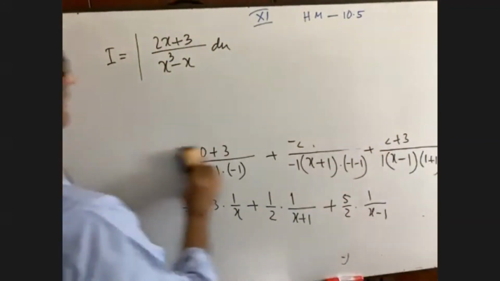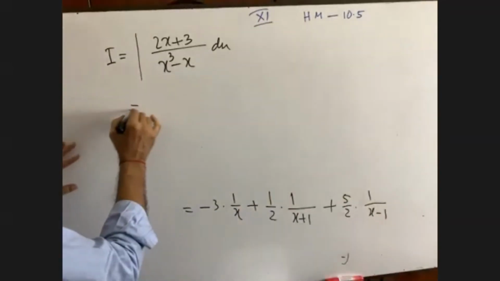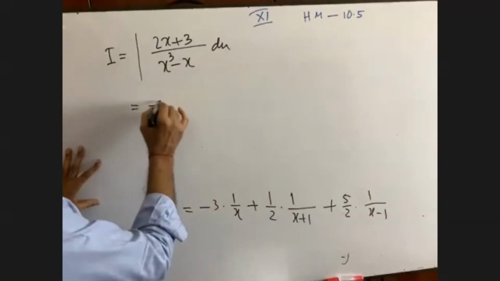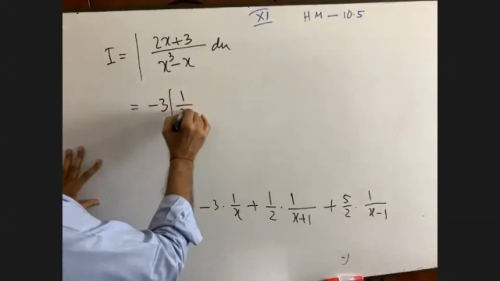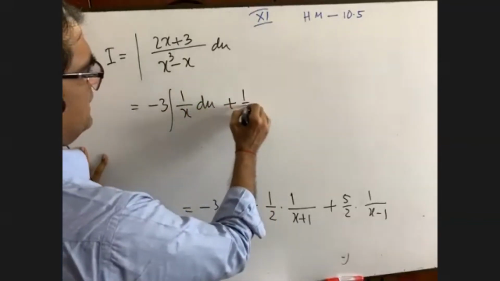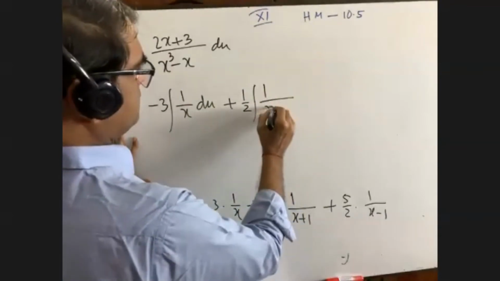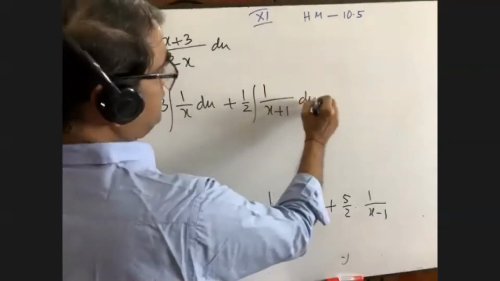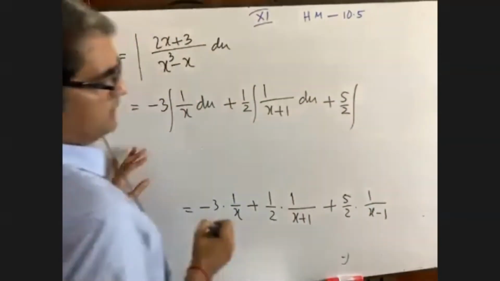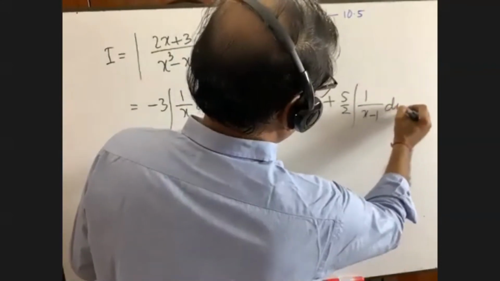Therefore, we are getting I is equal to integration of minus 3 times 1 by x dx plus half integration of 1 by x plus 1 dx plus 5 by 2 integration of 1 by x minus 1 dx.